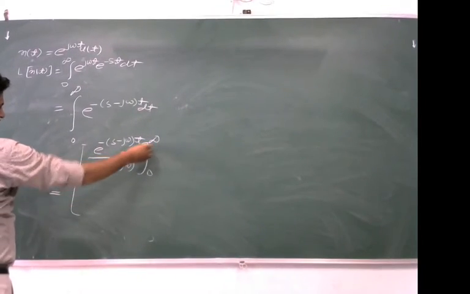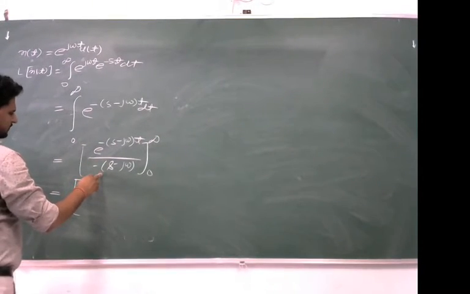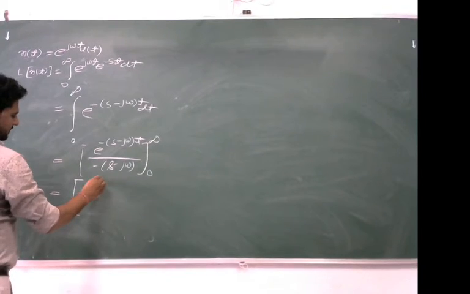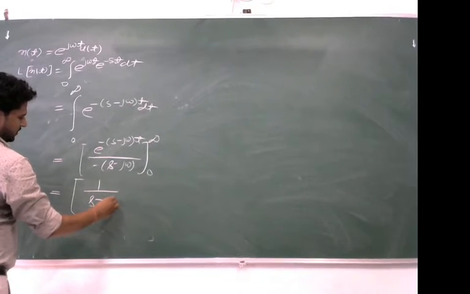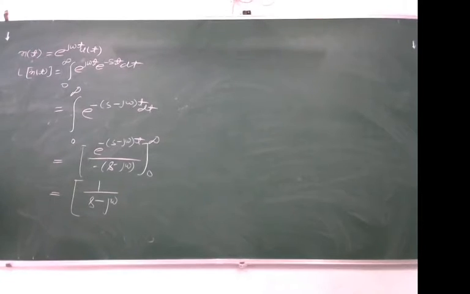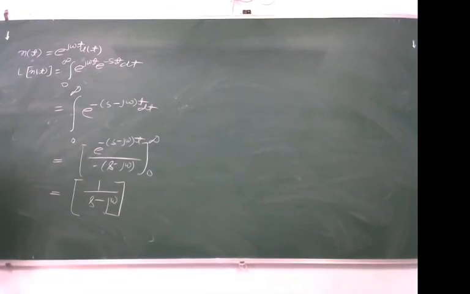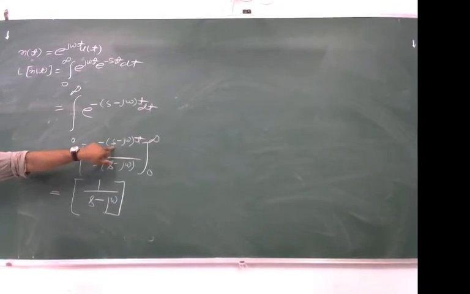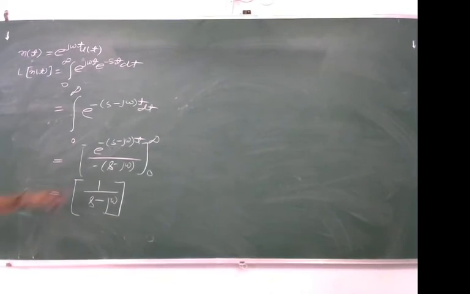When I put t equal to infinity, this becomes 0, and when I put t equal to 0, this becomes 1 upon s minus j omega, but with the certain condition that this s, the real part, should be greater than 0.